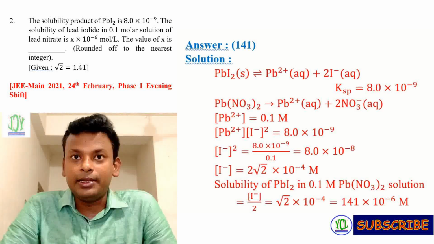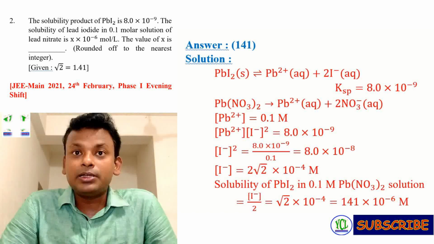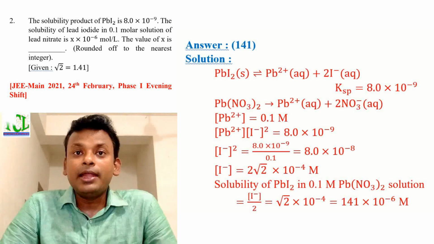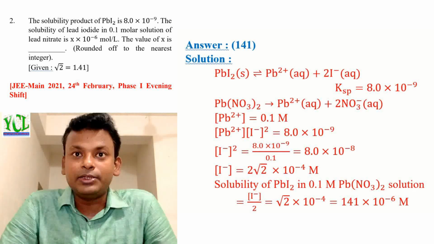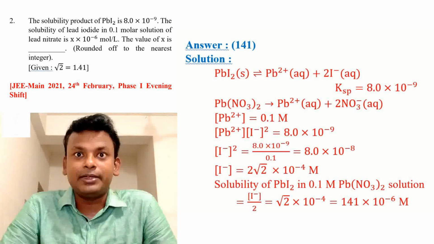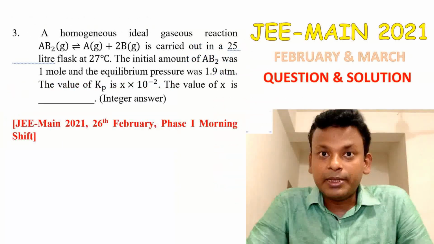So I negative square equals 8.0 into 10 to the power minus 8. So I negative equals 2 root 2 into 10 to the power minus 4. So the solubility of PbI2 in 0.1 molar lead nitrate solution equals 141 into 10 to the power minus 6 molar. So, next, question number 3.